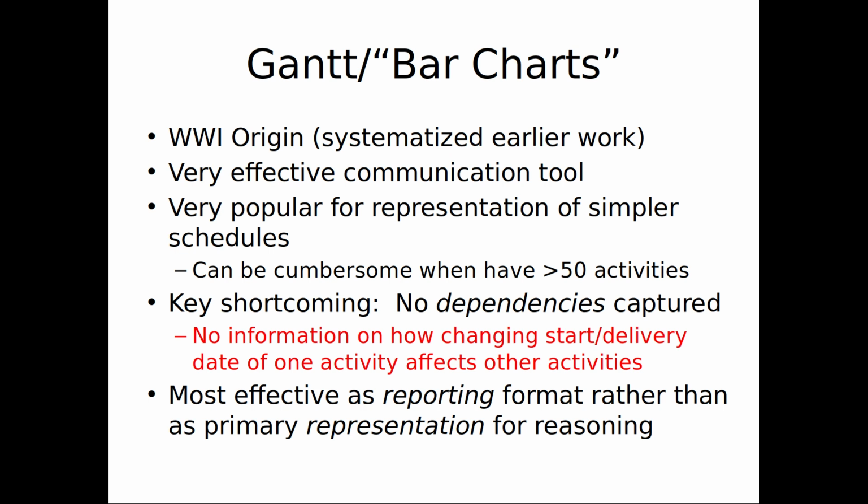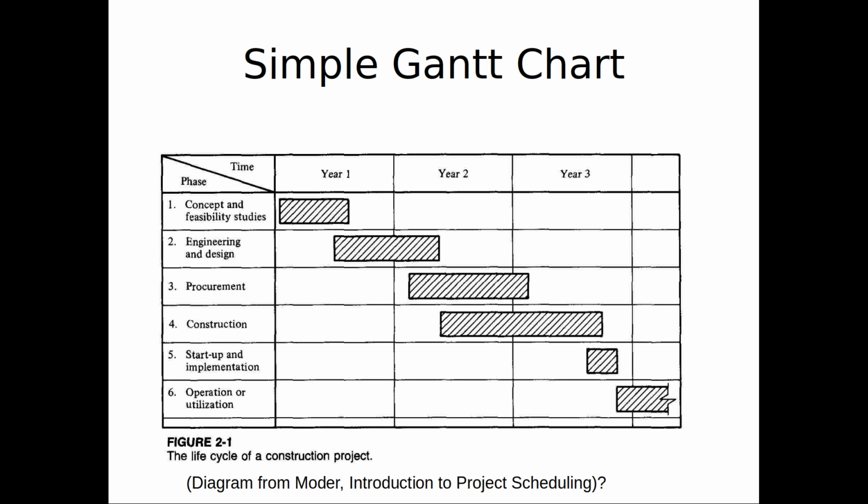But it has limited benefits when it comes to understanding how things will change if something slips. Why do I say that? Why do I say, if something changes, it's not clear, this doesn't help us a lot. So suppose the engineering and design changed, it slipped. It slipped by a few months.